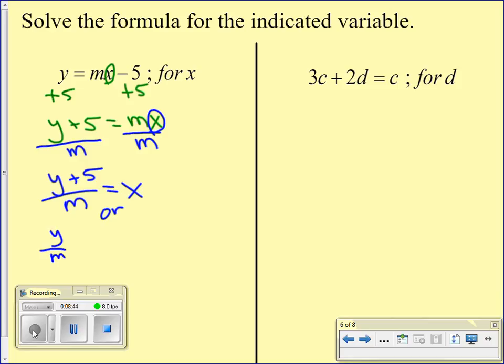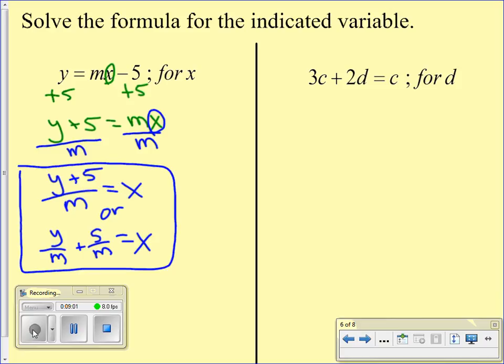Y over m plus 5 over m equals x. Either answer is true. They both show the left side being divided by m. Once again, it's not a numerical answer, but a new equation.